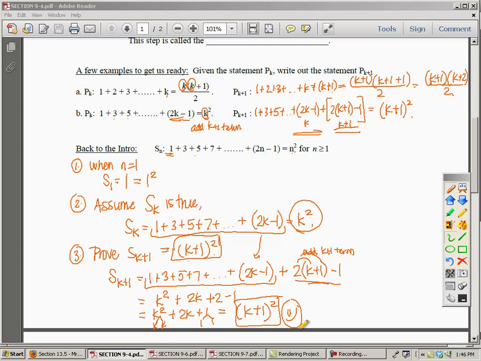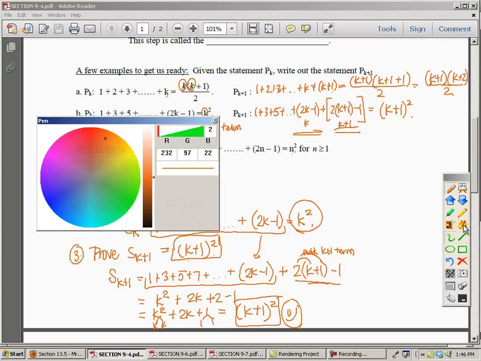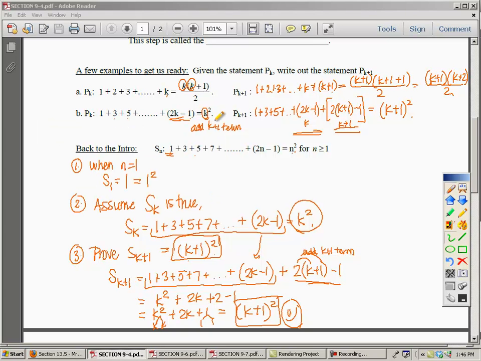So let me change my color. I'm going to walk through this again with you in terms of different words, so maybe wording-wise, you kind of see the process. The first thing, we want to show both sides are equal when using the first term. Keep in mind, this said the first term is 1.